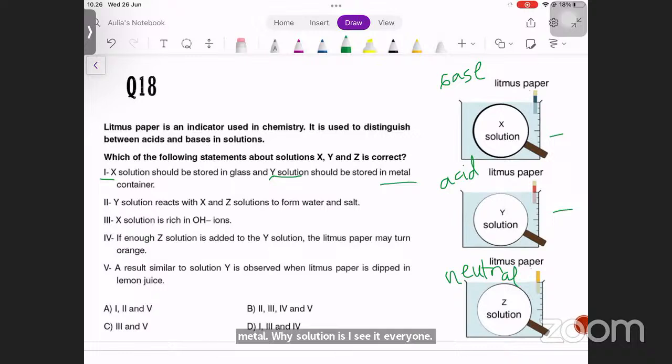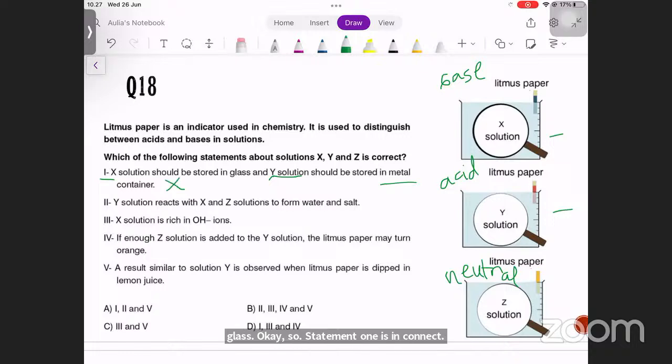The acid is corrosive. When you put a drop of acid into a metal, there is a big possibility that you will make a hole on that metal. It is very destructive. So it is impossible to store acid in a metal container. The container must be the not reactive ones, for example, glass. So statement one is incorrect.